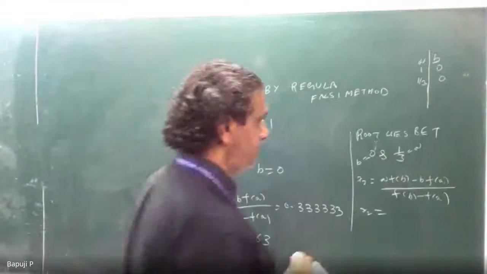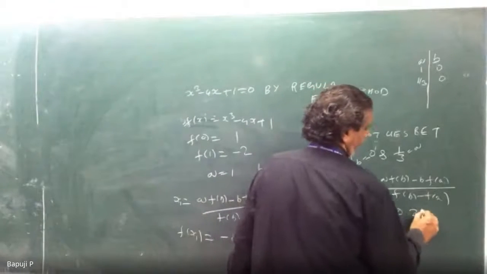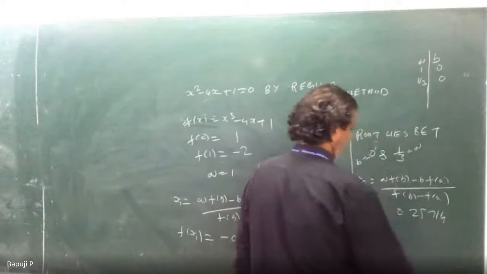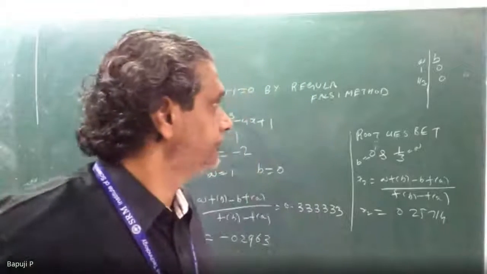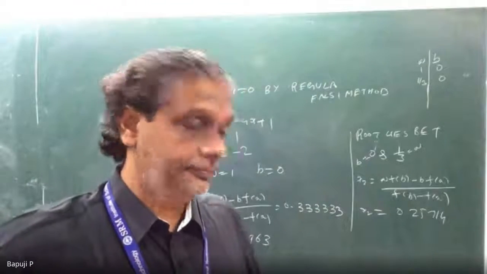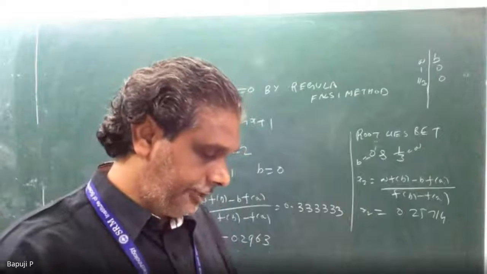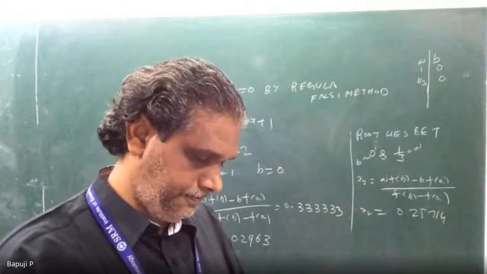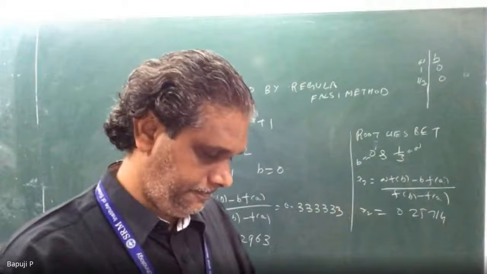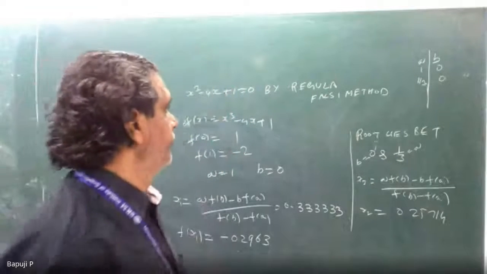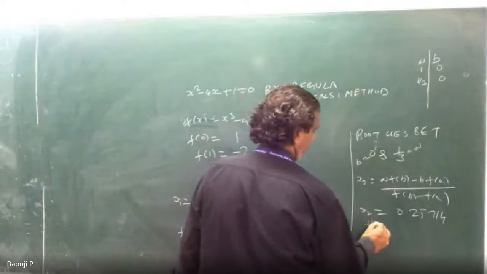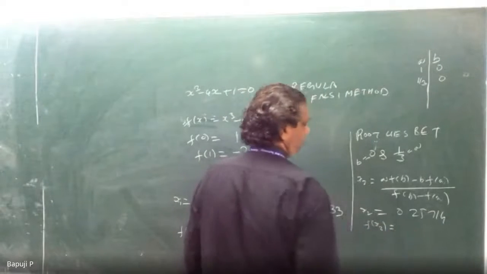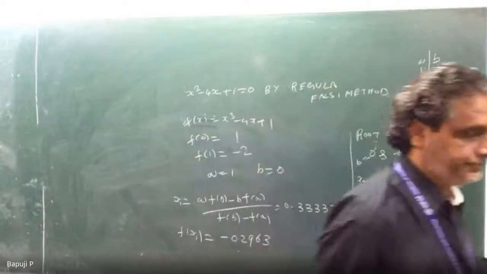0.25714. Very good, nice. Same answer I got. Now f of x2 is what? Find f of x2 also slowly. Negative or positive f of x2?